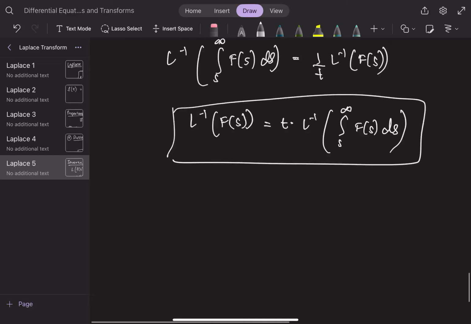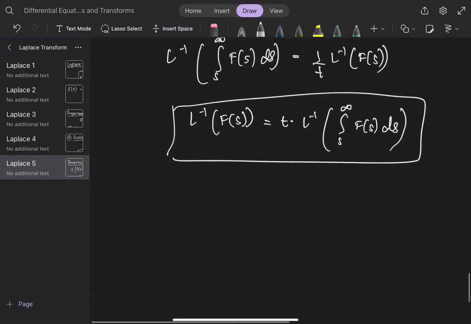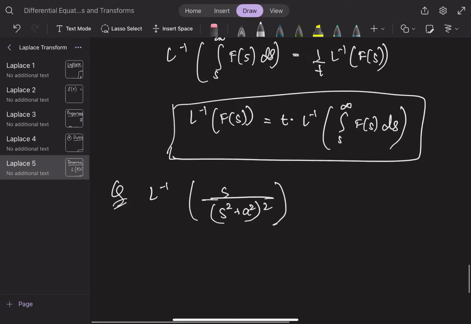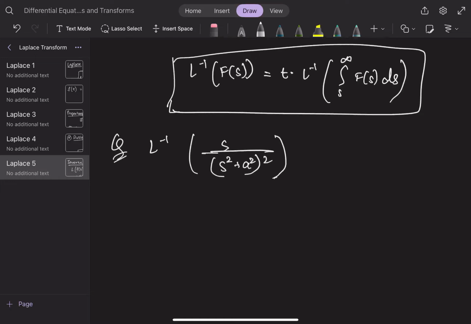So these types of questions will take a little practice. So let's take one example. For example, you have Laplace inverse of s divided by (s square plus a square) whole square. Now we do not know how to solve this directly, so I'm gonna write s square plus a square as x. So 2s ds becomes dx.